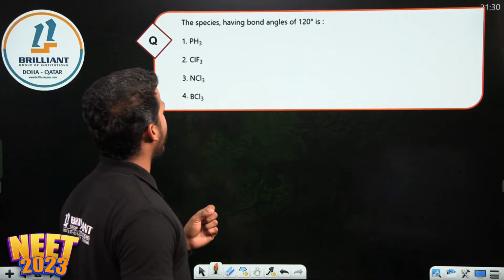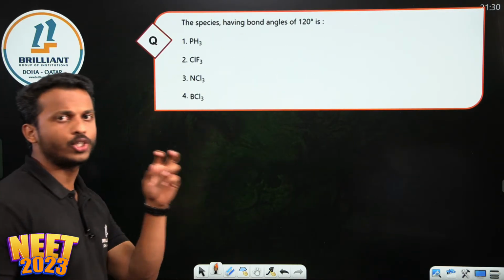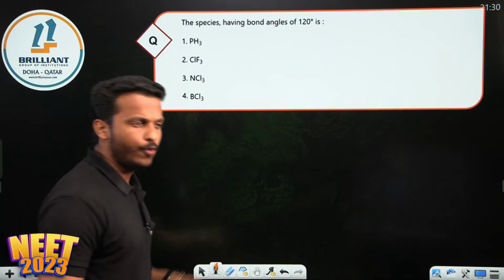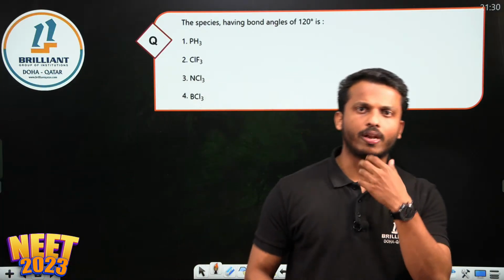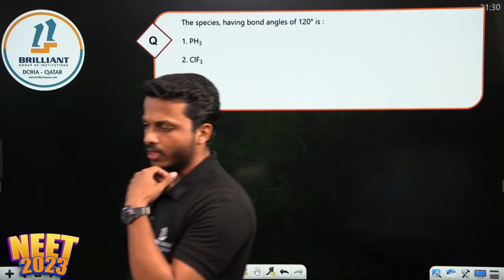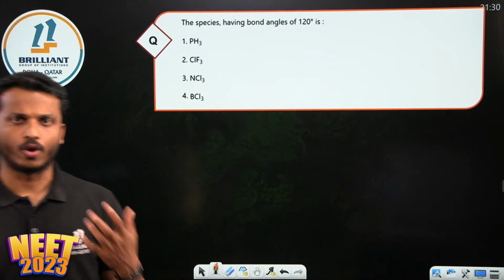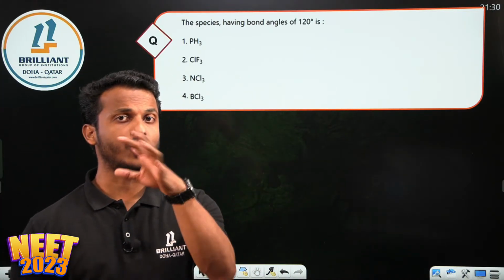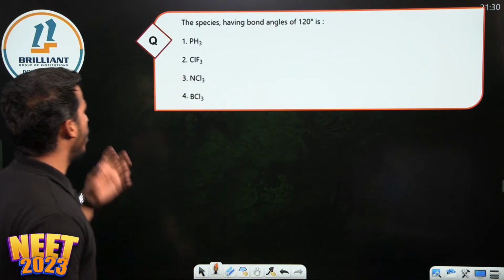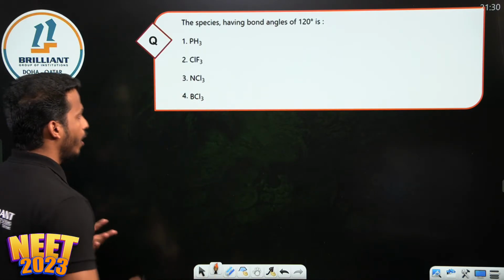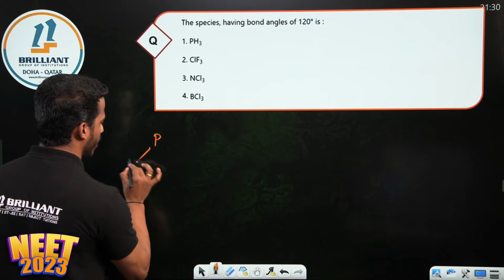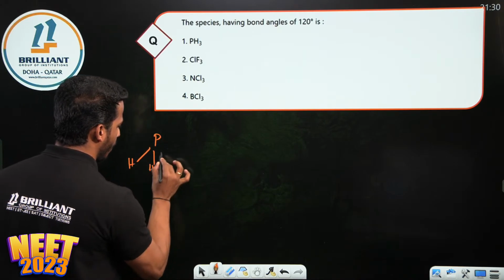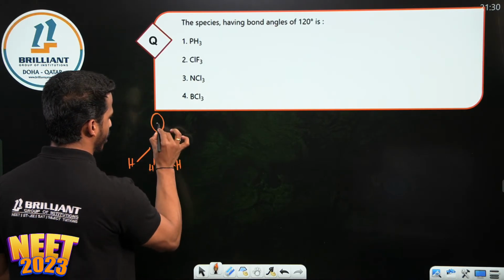The species having a bond angle of 120 degrees is. If you want to say where the 120 degrees is, with ammonia, water bond angles and all, we should have a proper idea about the shape of the molecule. The molecule given is PH3. Dear all, PH3 has a trigonal pyramidal shape like NH3.